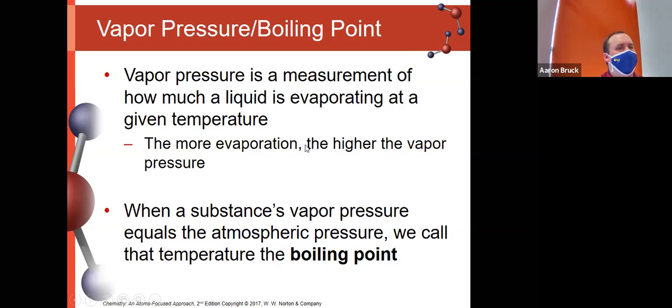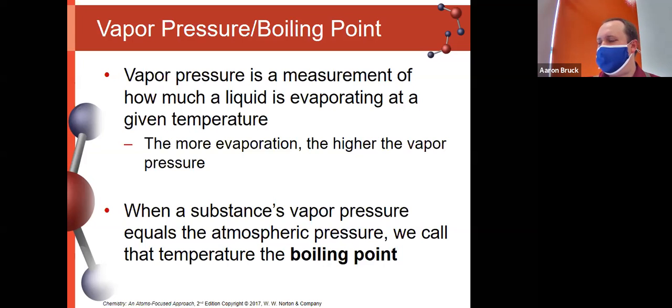For vapor pressure and boiling point, we present these two together because they are very closely related. Now, as you saw in last week's lab, vapor pressure is the measurement of how much a liquid is evaporating at a given temperature. So I set out a liquid, I let it evaporate, just as it does naturally.